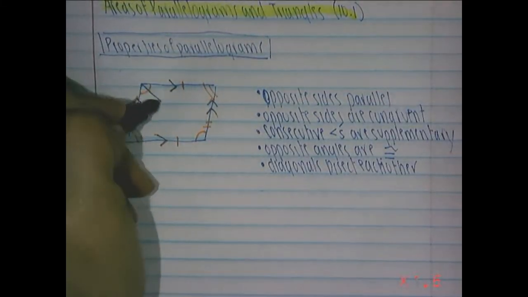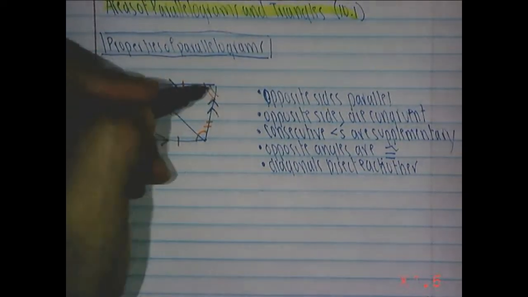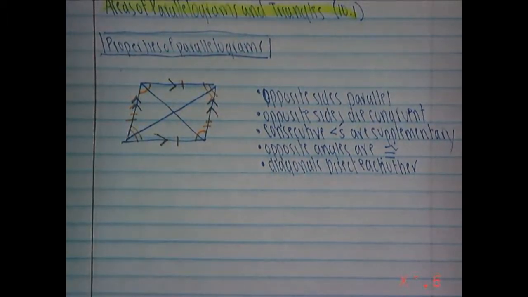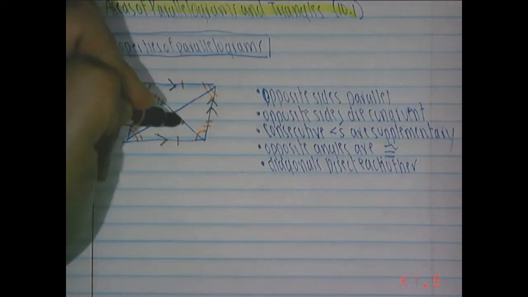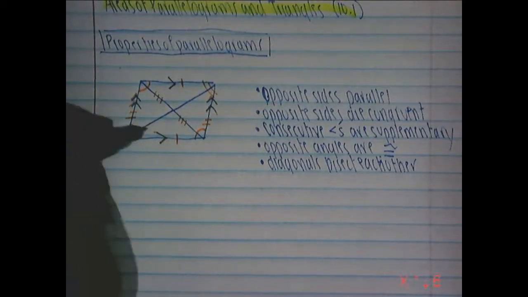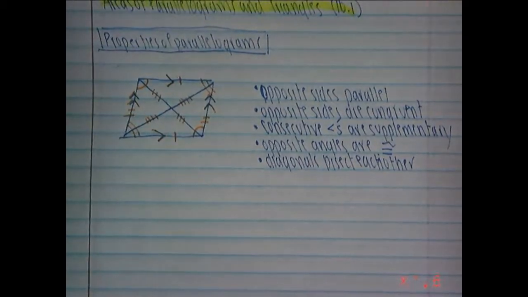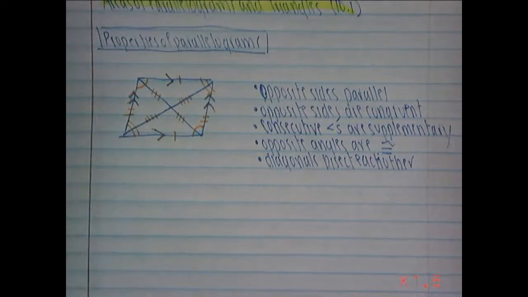Meaning that if I connected those two corners, and I connected those two, right where they cross, these two pieces would be equal to each other, and those two pieces would be equal to each other. This piece and this piece are equal, and this piece and this piece are equal. So that's just a little review on properties of parallelograms.